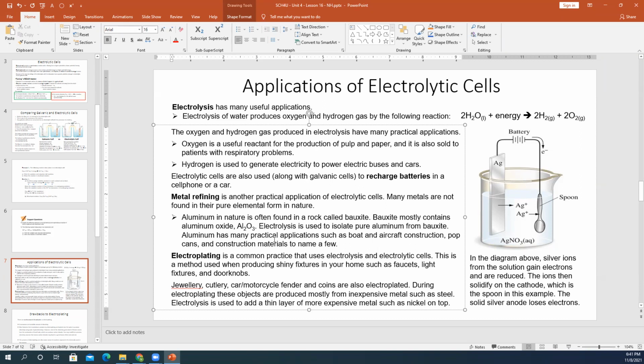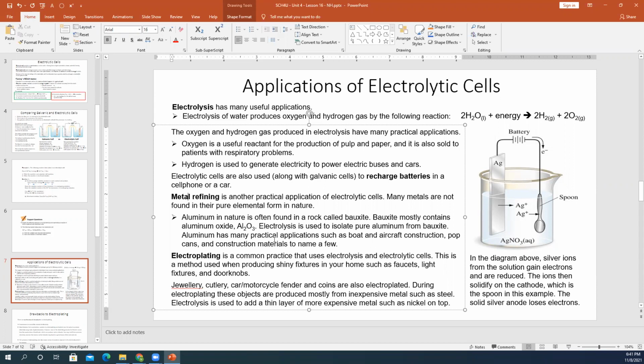Then there is also the utility of electroplating. Electroplating is a method that's used when you want to produce something shiny coated with a certain metal. For example, we have light fixtures and doorknobs and door handles, and oftentimes inside there's a different metal, and then it's electroplated with whatever metal you want to see as your finish, whether it be nickel or brass or what have you.